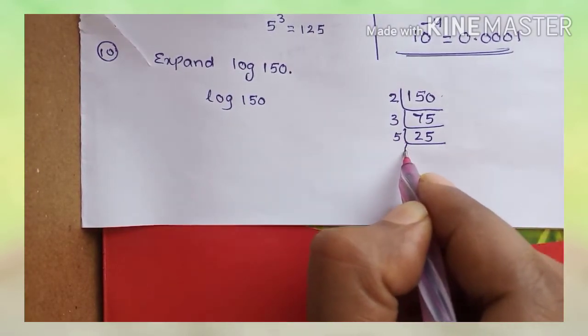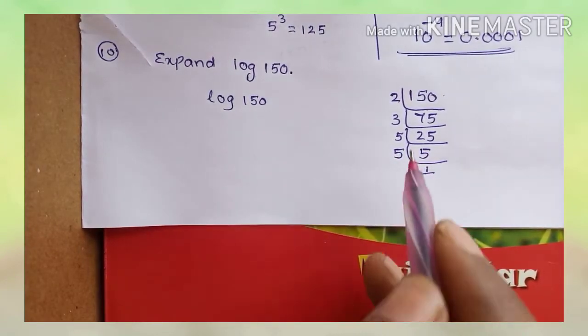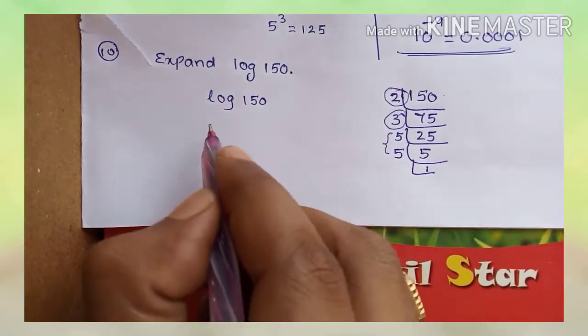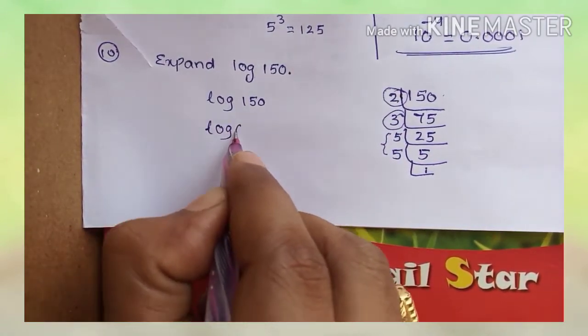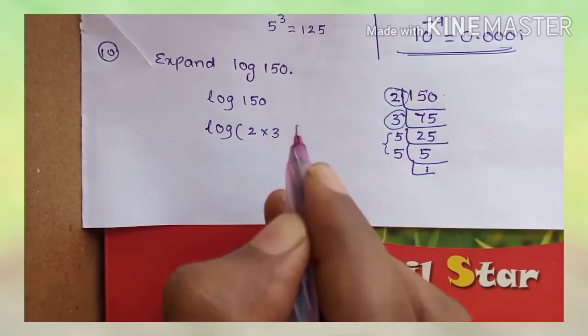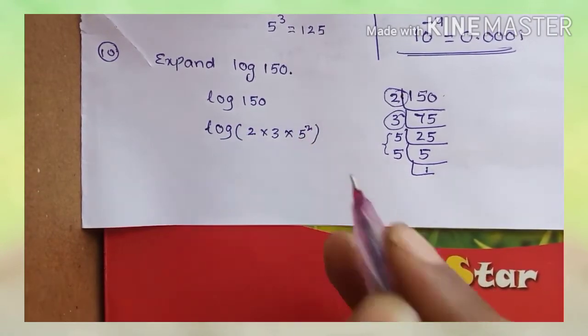Now 5 fives are 25, 5 ones are 5. So 2 one time, 3 one time, 5 two times. So you can write log of 2 to the power 1, no need to write the power, 3 to the power 1, no need to write, 5 to the power 2.